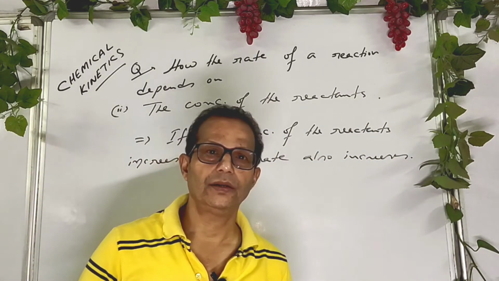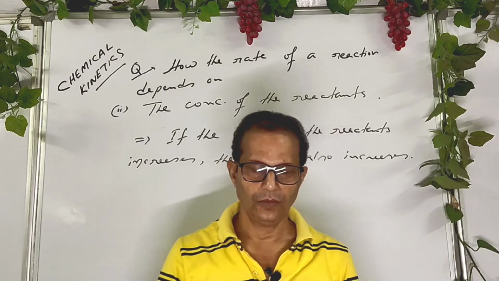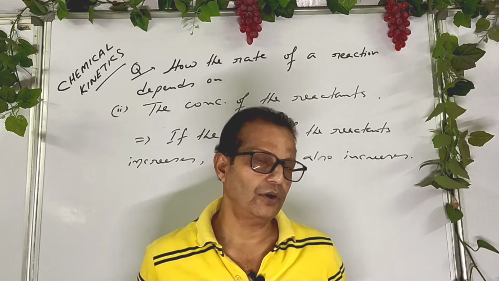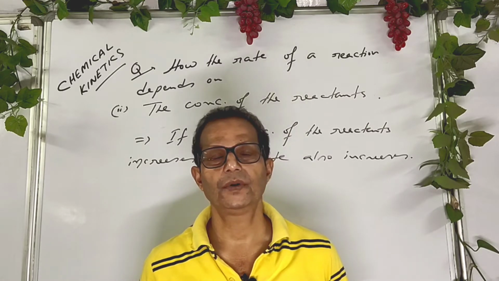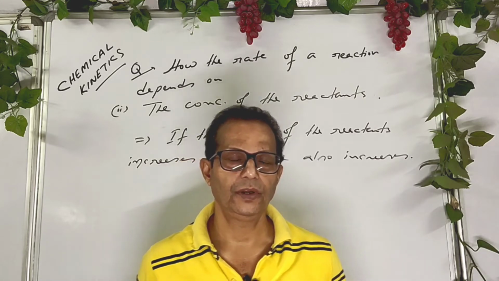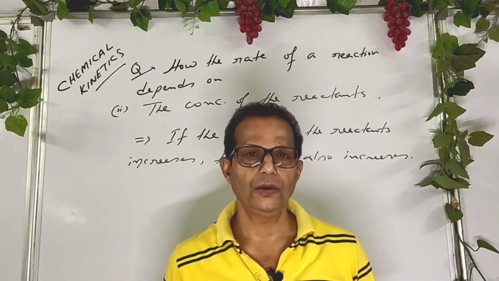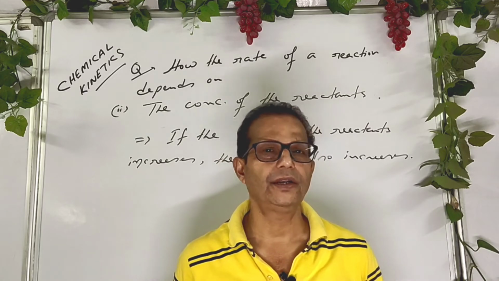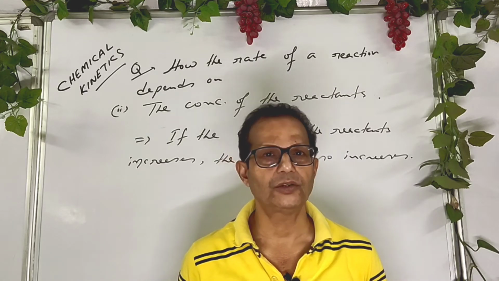Now the next part, listen now. For first order and for zero order reaction, there is one integrated rate equation, and you will get questions from that integrated rate equation. Actually numericals you will get.